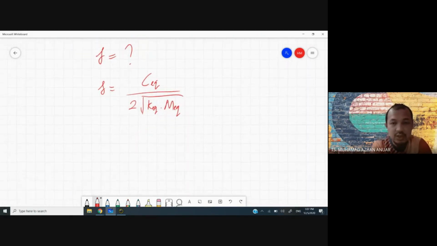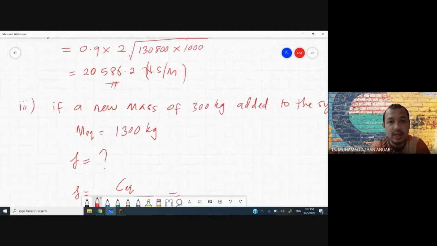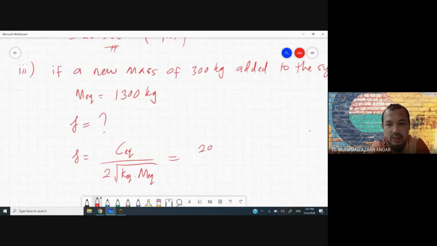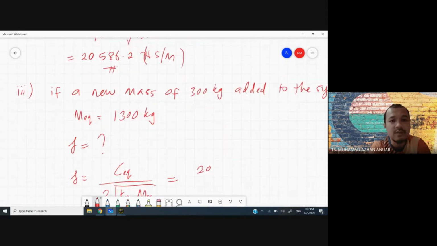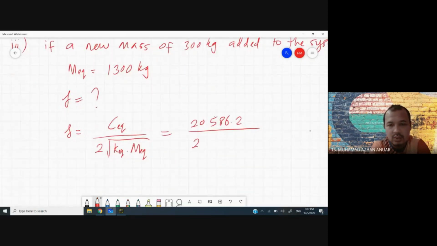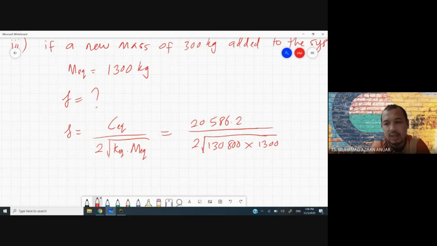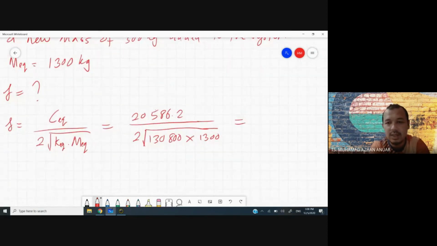If we substitute the C equivalent that we calculated before, you have 20,586.2 divided by 2 multiplied by the K, which is the same as before, 130,800, multiplied by the new M, which is 1,300.